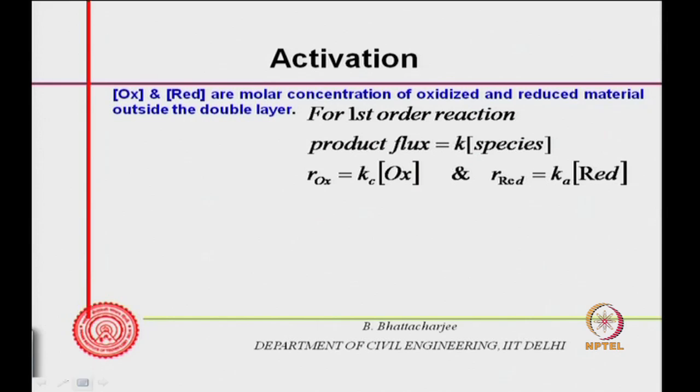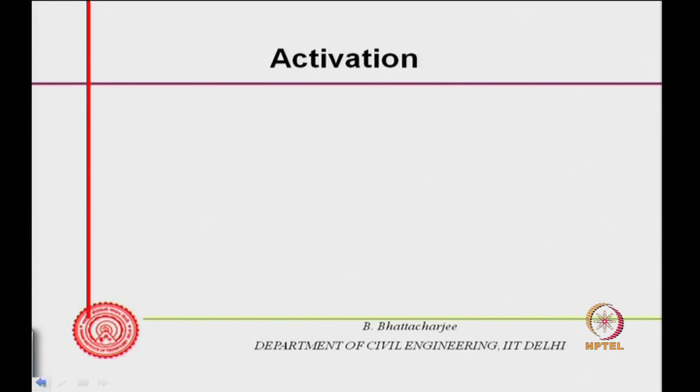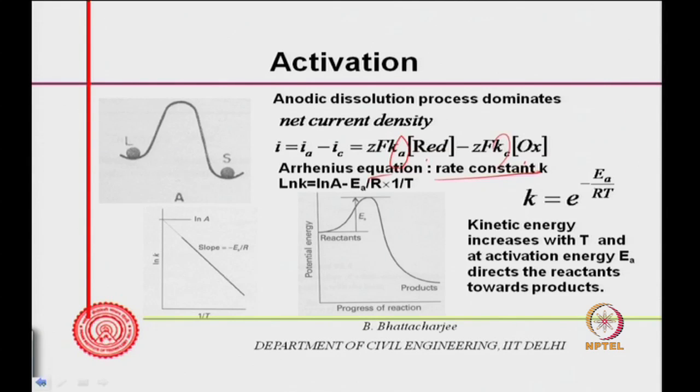Therefore, with some constant, the first order reaction rate is proportional to the concentration of the reactant. That is why some K is coming in, and from the Arrhenius equation one can find this K: ln K has this kind of relationship, and K is related to the activation energy divided by RT.